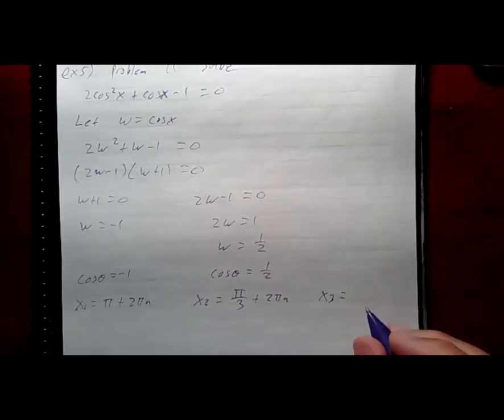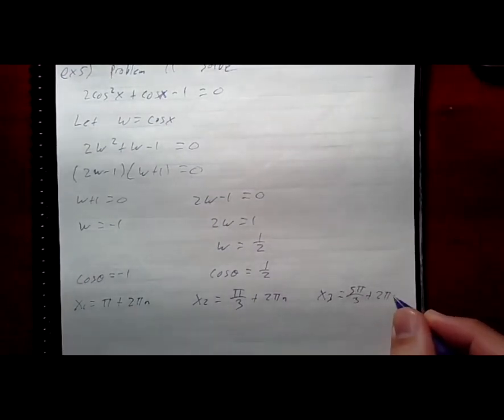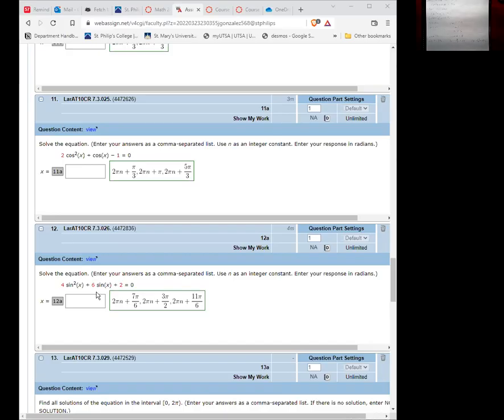Where's the other one? 5 pi thirds plus 2 pi n. That'll be your 3 answers. Just tack on the 2 pi n if you can't condense them. And that's how they're going to get these 3 answers.